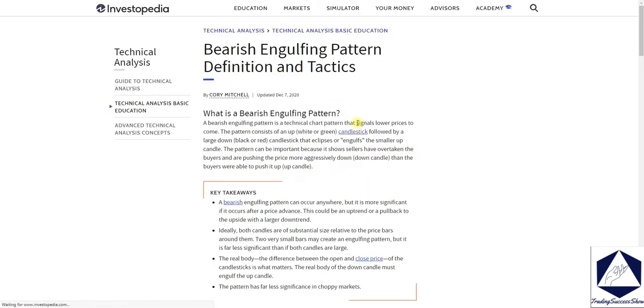So now, looking at a bearish engulfing candle, a bearish engulfing pattern is a technical chart pattern that signals lower prices to come. The pattern consists of an up candlestick, which is either white or green, followed by a large down black or red candlestick, which eclipses, or you can call it engulfs, or encompasses, the smaller up candle.